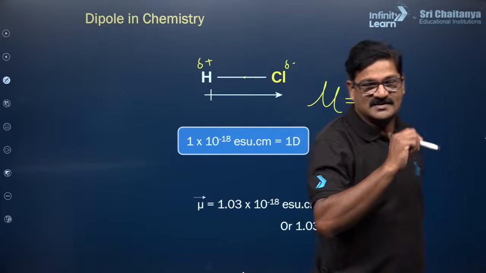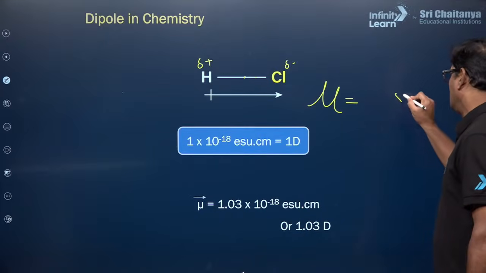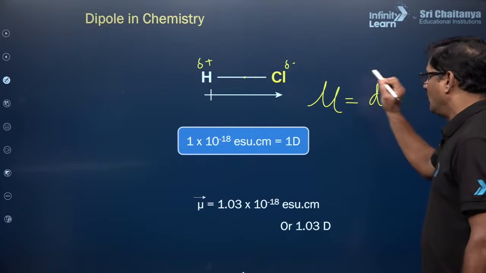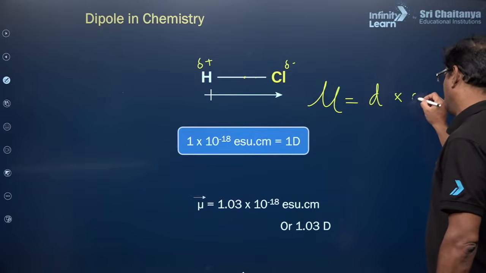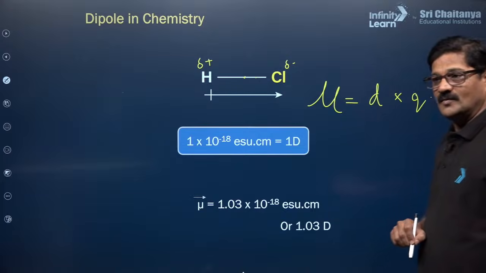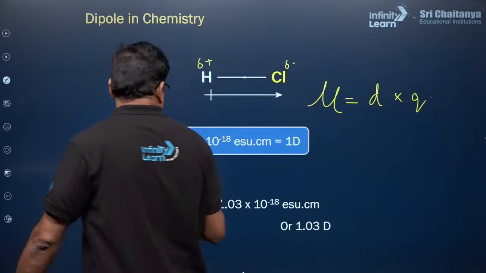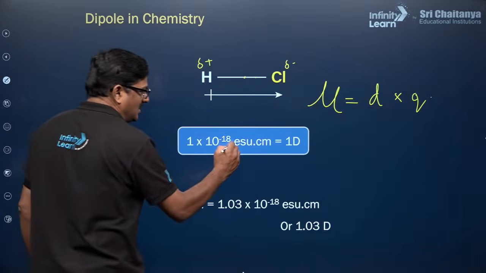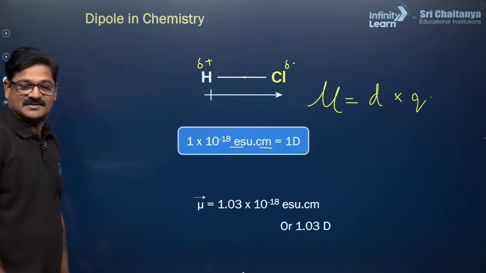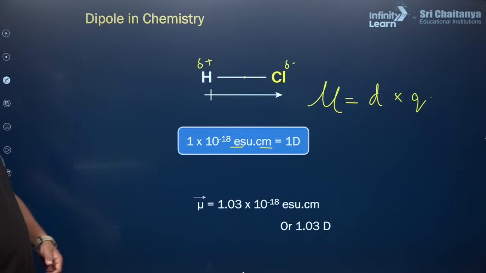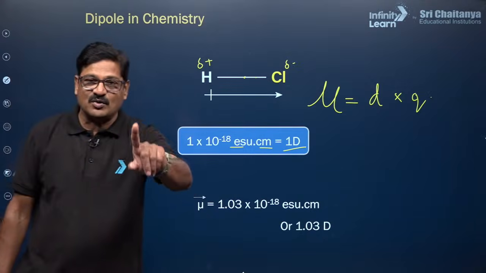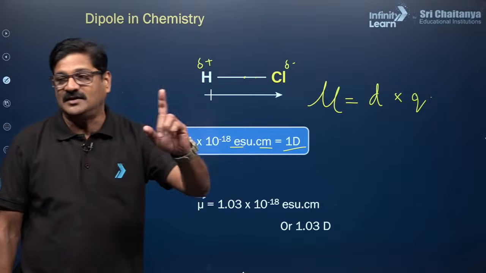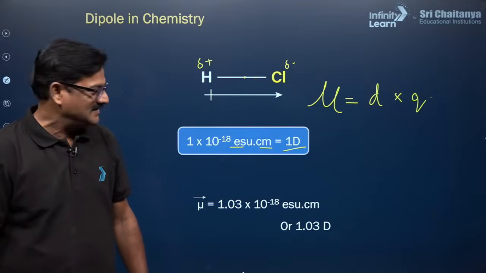It is the product of the distance between the two atoms in the bond and the charge. The unit is ESU centimeters, or otherwise Debye. 1 Debye is equal to 10 power negative 18 ESU centimeters.